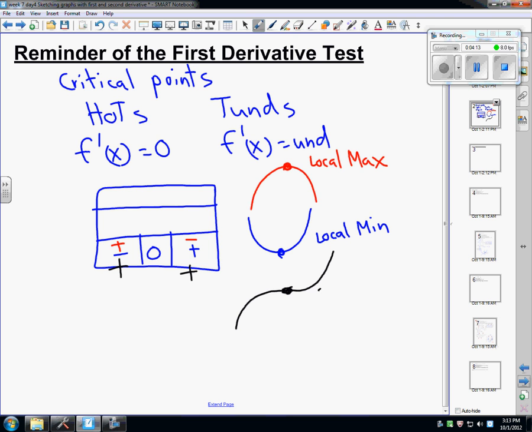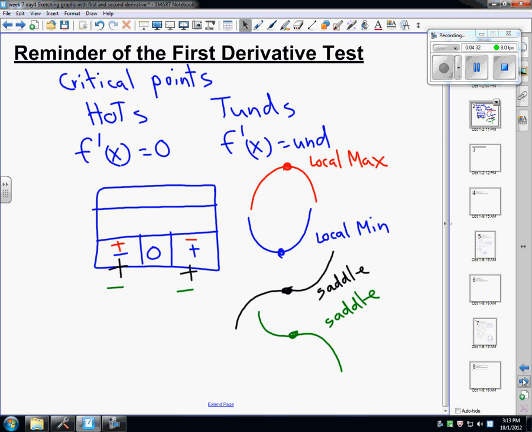That guy's merely a saddle, which does not have a max or a min. And my other option is if I did down, 0, down, down, flat, down again, is another saddle.